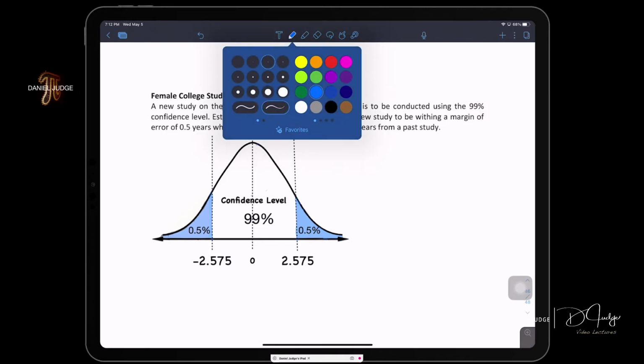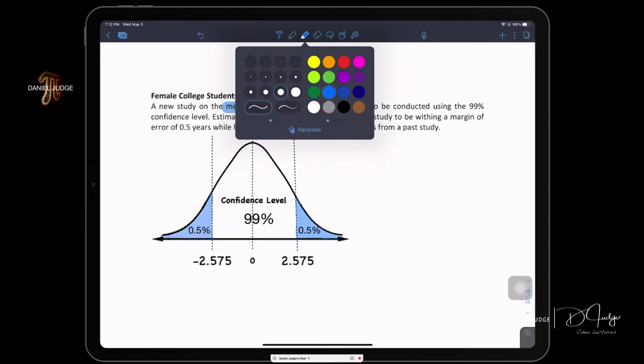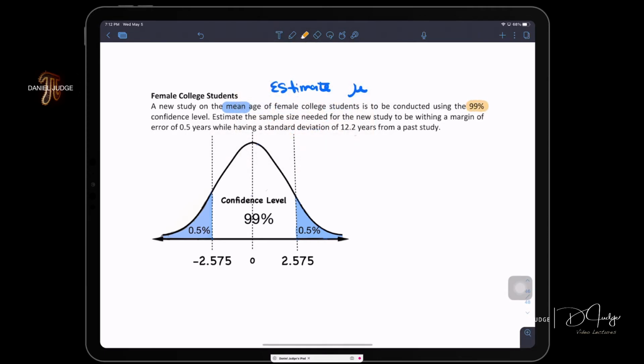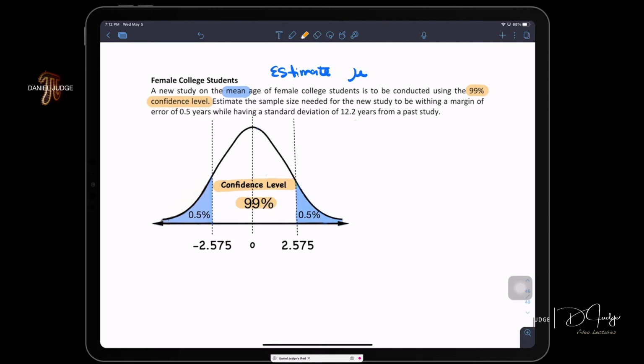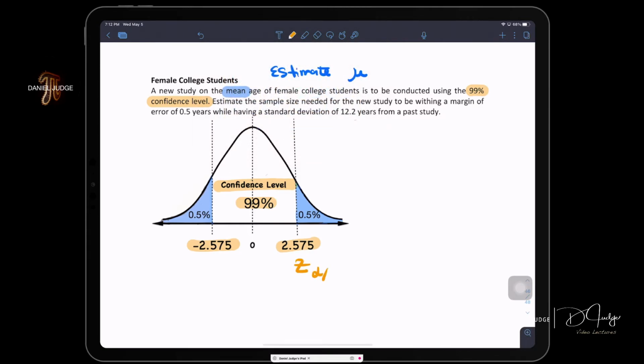So in the new study, we're estimating a new mean, and it's going to be conducted using the 99% confidence level. If you remember, for 99% confidence, this is my z alpha over 2 and minus z alpha over 2.